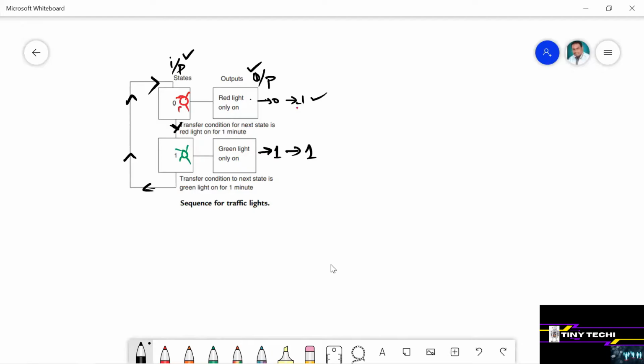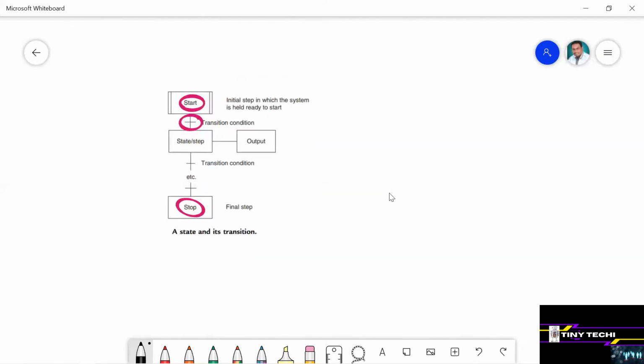Now, how can we implement this with sequential function charts, the state and transition diagram? First we start with the start and end with the end. Okay, these two are compulsory, we have to follow.